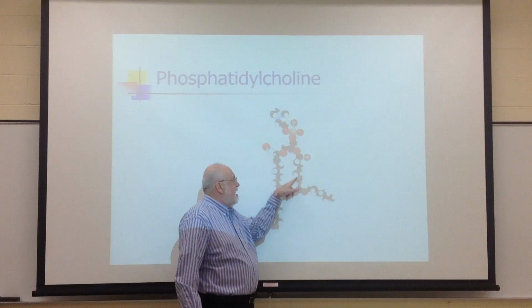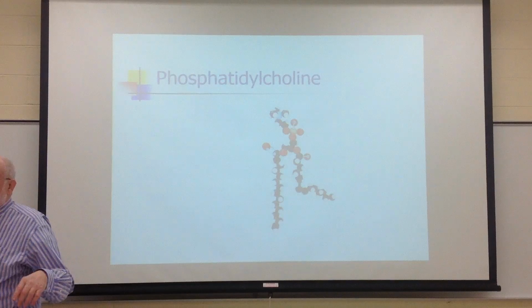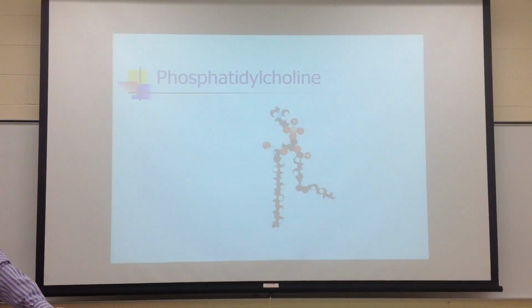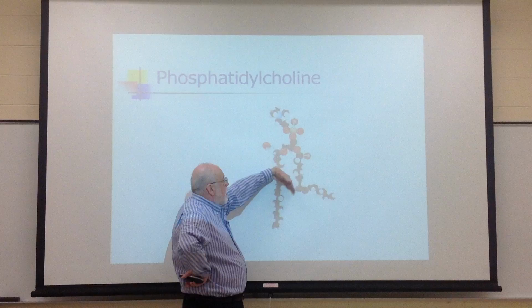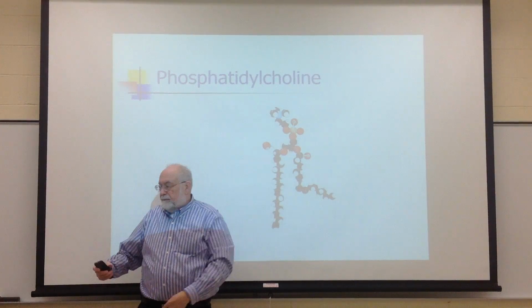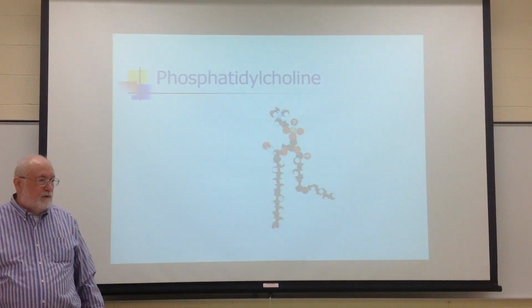I wonder what kind of a fatty acid that's likely to be. I would say it's at least unsaturated, more likely not polyunsaturated because of how much of a bend you've got in that. Here again, polar head, glycerol, nonpolar tails, phospholipid. And in the polar head, we're going to have, of course, a phosphate group at a minimum.